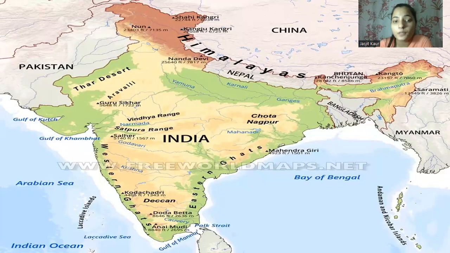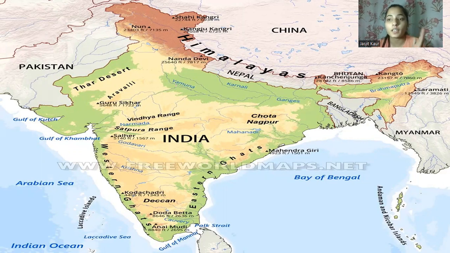Moving forward, now here I have pasted one map for you. Observe this map for 1 to 2 minutes and tell me what different physical features you are able to see in this map, in the comment section. You can see different colors depicting different features.